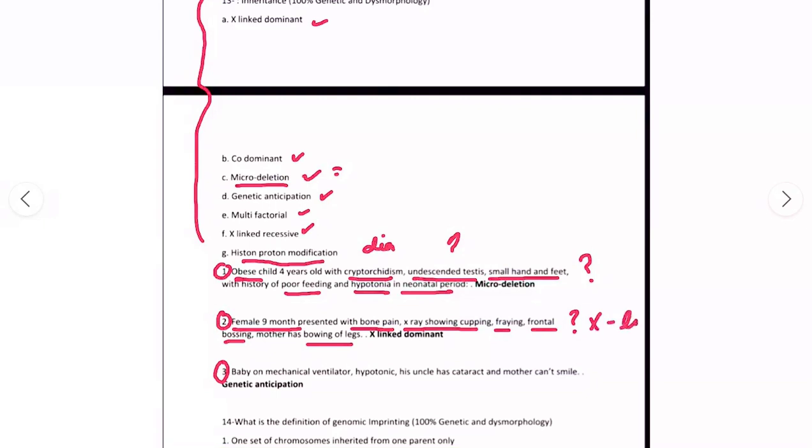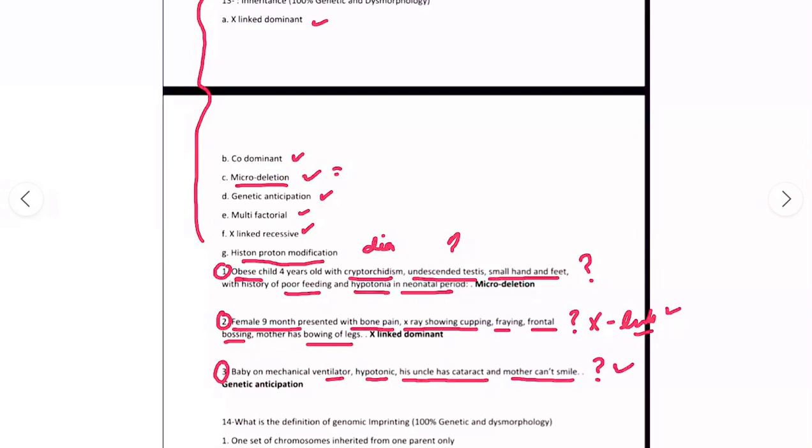That is X-linked dominant. Okay, right. Next, a baby on a mechanical ventilator, hypotonic. His uncle has cataract, and the mother cannot smile. What is your diagnosis here? Yes, myotonic dystrophy. Okay.